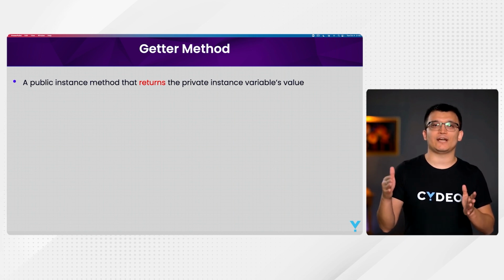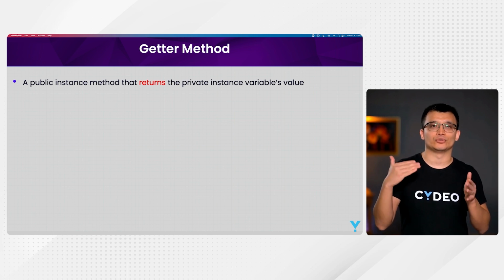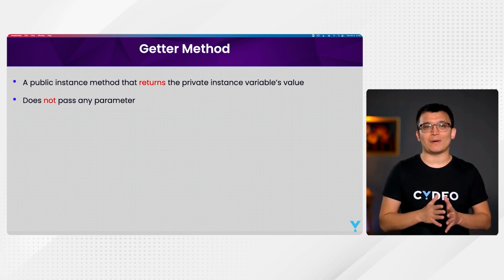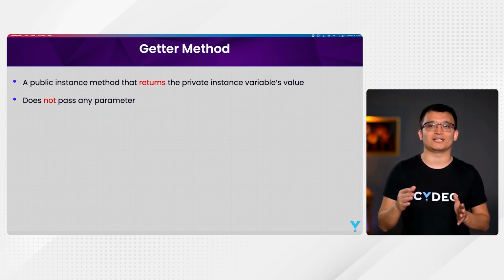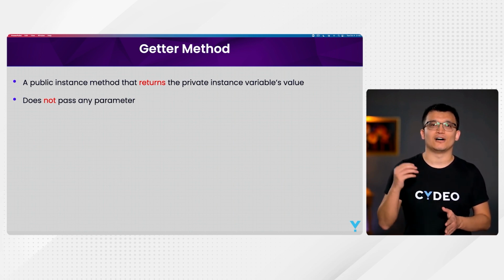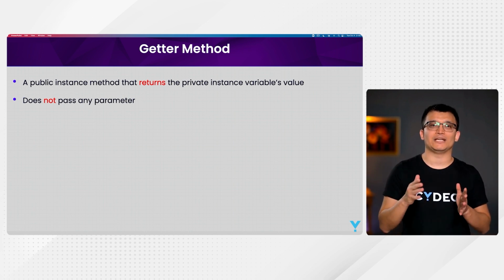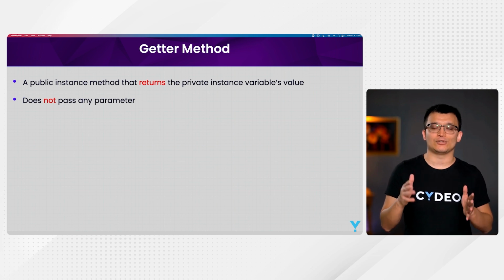Whatever the instance variable of the object is having, the getter must be capable of returning it. The getter does not need to pass any parameters because it does not need any additional information other than the private instance variable itself. Therefore, there won't be any parameter passed into the getter.